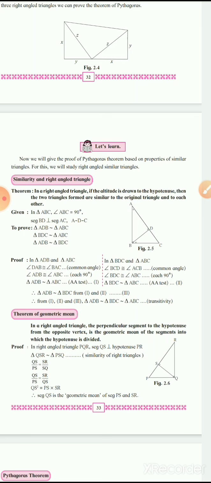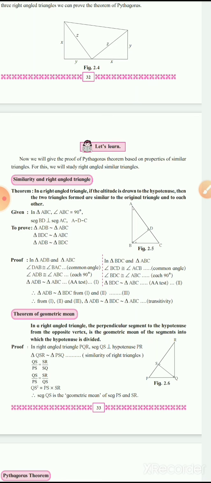So let us see the proof, the method of proving this theorem. First of all, we have to consider two triangles, triangle ADB and the bigger, original triangle, triangle ABC.